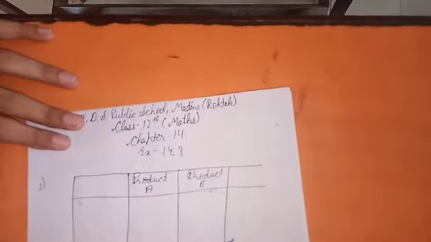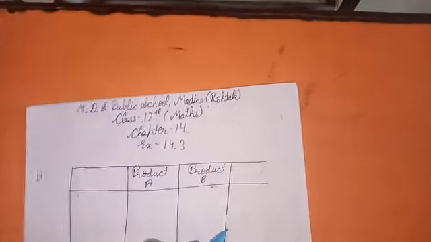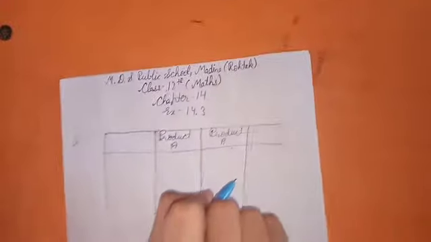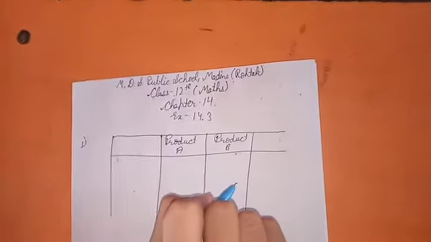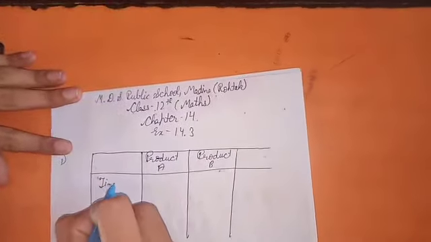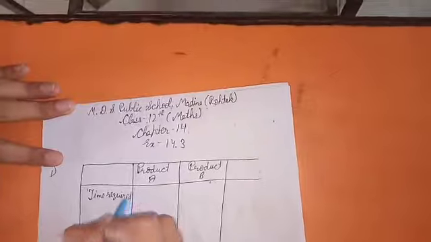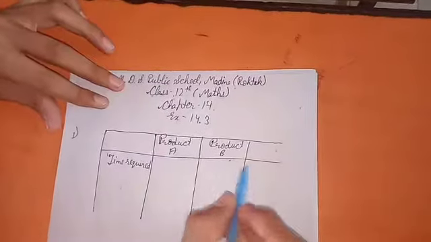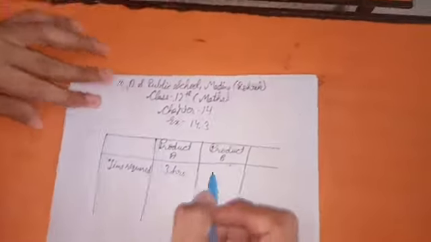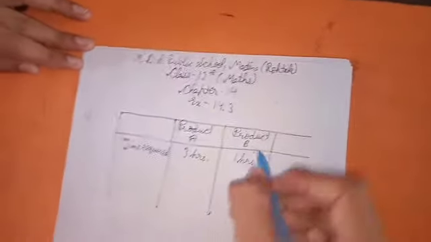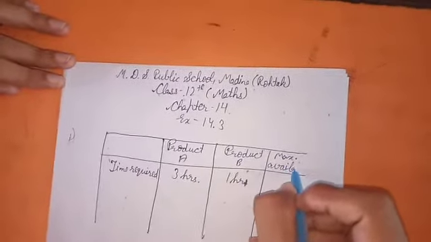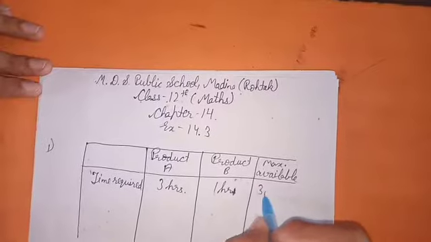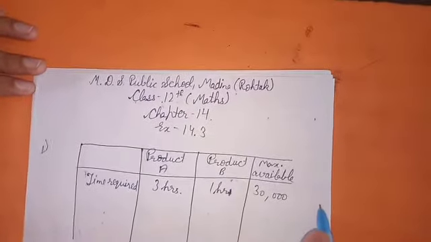So what is given to us? Time required to make the products is 3 hours for product A and 1 hour for product B, and maximum available time is 30,000 hours.